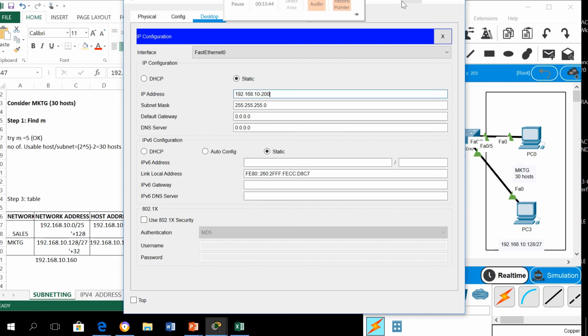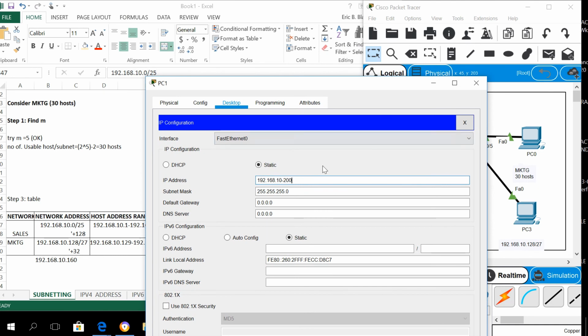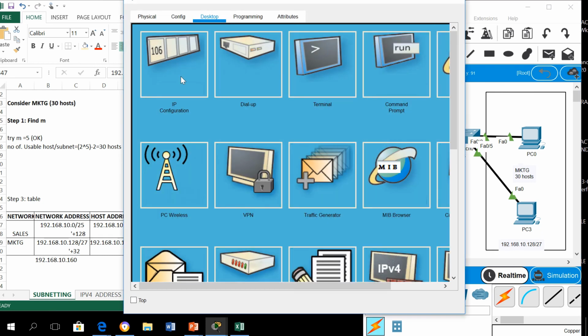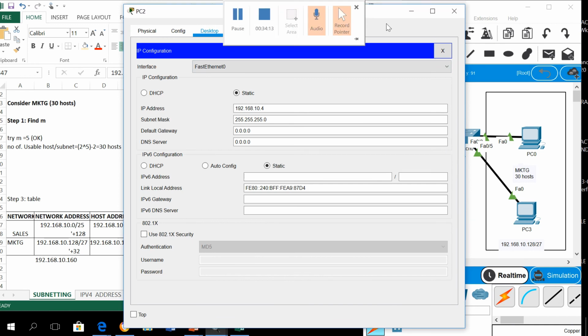For example, in this case, I have here an assignment of 10.200. So I assign this an IP address of 192.168.10.200, while this one I have given an IP address of 192.168.10.4.